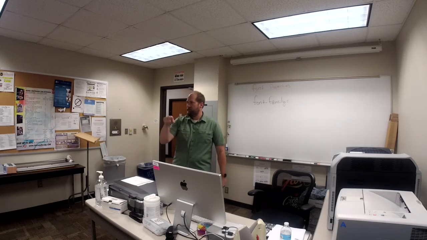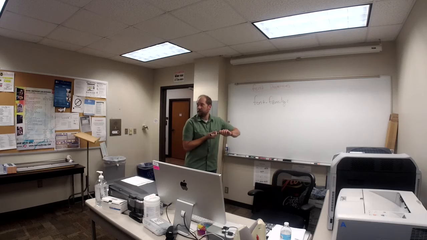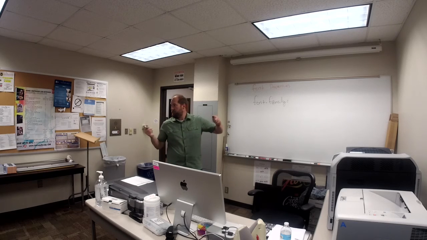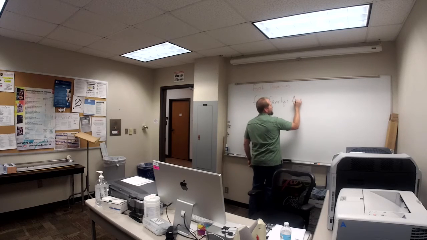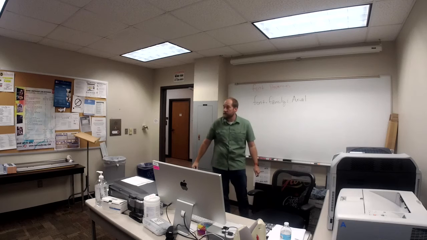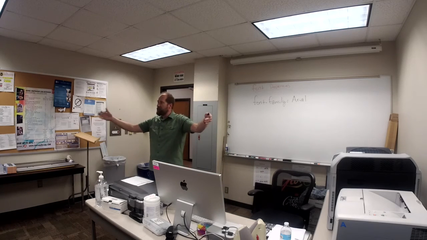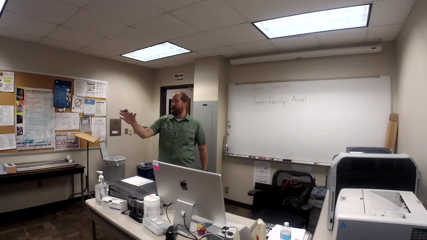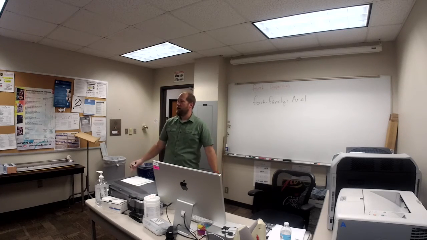Let's flip it. Let's go to a sans serif font. So somebody give me a sans serif font. Which one? Arial. Okay, we can do Arial. Guess what? Works. If I put that as my font family, now everything's going to be Arial. If I go on my body tag, put a style attribute, and say font family, Arial, everything's going to be Arial.